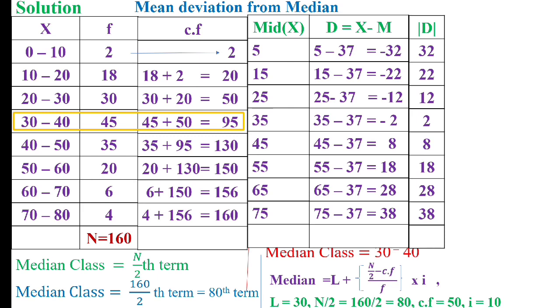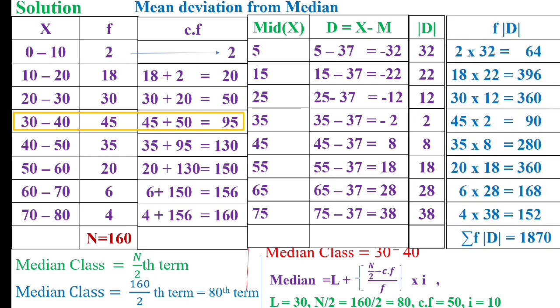Then we go to the continuation of the median formula from the previous slide. This is 30 plus 80 minus 50, divided by 45, into 10. Simplifying, 80 minus 50 is 30, divided by 45, into 10. 0.666 into 10 gives 6.66, plus 30 gives 36.66.